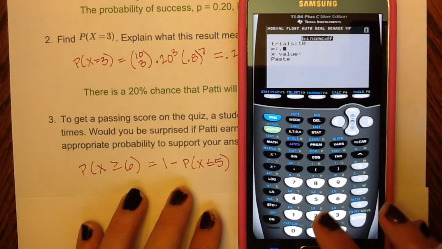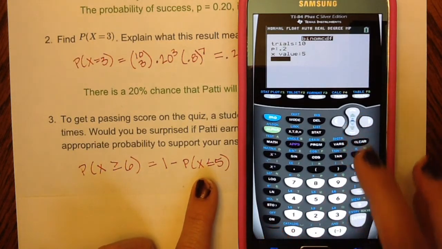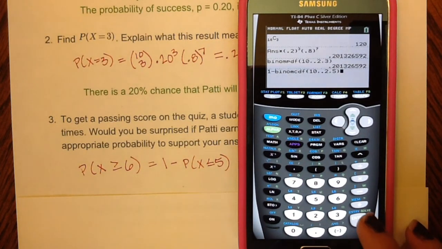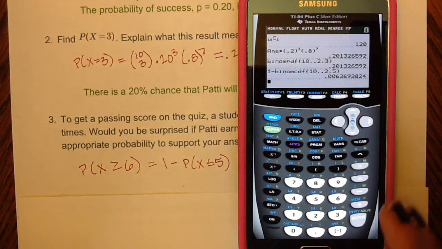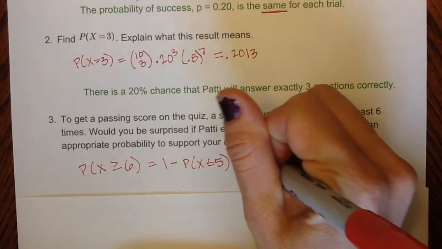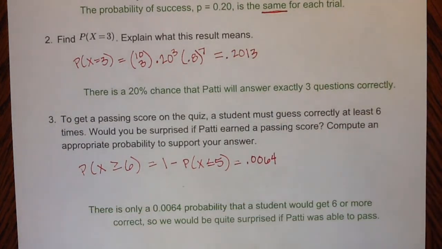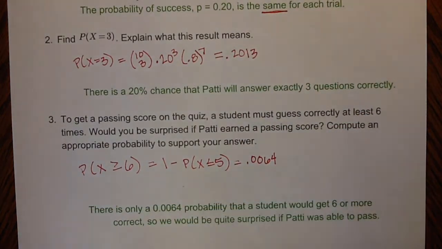Our probability is still 0.2, but now our x value is going to be 5, and we're going to paste that in. And that gives us our probability. 0.0064. So there is only a 0.0064 probability that a student would get 6 or more correct. So we would be quite surprised if Patty was able to pass.